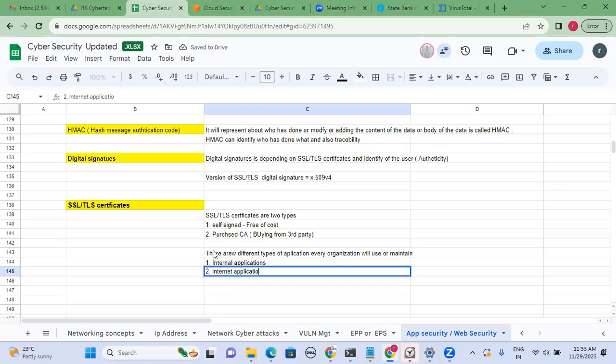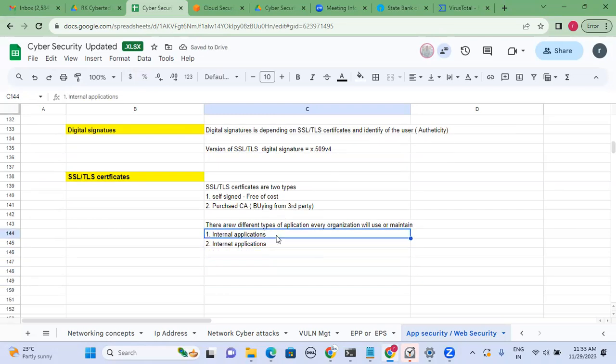If you want to access the internal applications, which connectivity is mandatory? LAN, but one more very important thing: VPN, with a private internal IP. VPN is mandatory. Without VPN, we can't access.